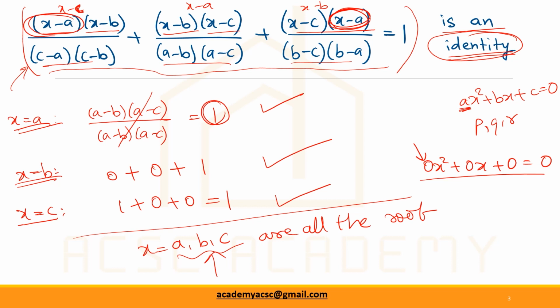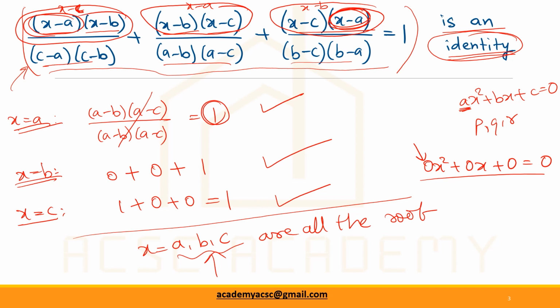A given equation that claims to have three roots. And actually they have not mentioned the word quadratic. Then why are we considering it to be one? Because when you simplify it and write it in the standard format, it will have the highest power as 2 only, because you can see in all the numerators only 2 powers of x are being multiplied together. So it cannot have a degree greater than 2.